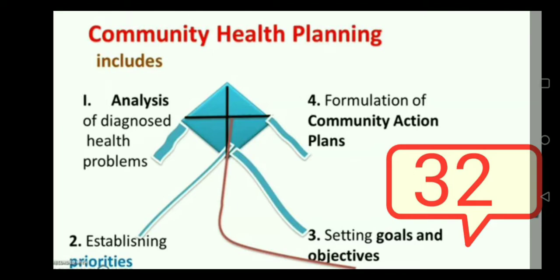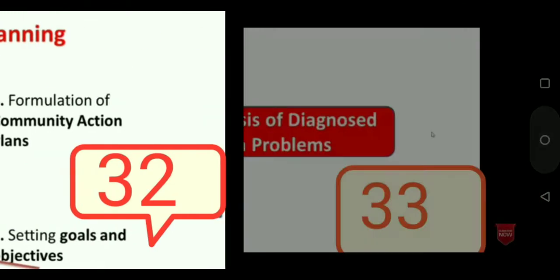So the community health planning includes these 4 steps: analysis of the diagnosed health problem, establishing priorities, setting goals and objectives, and formulation of the community action plan.